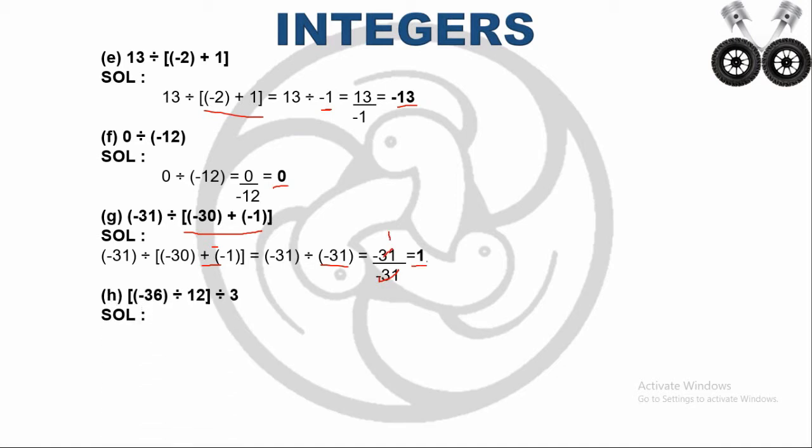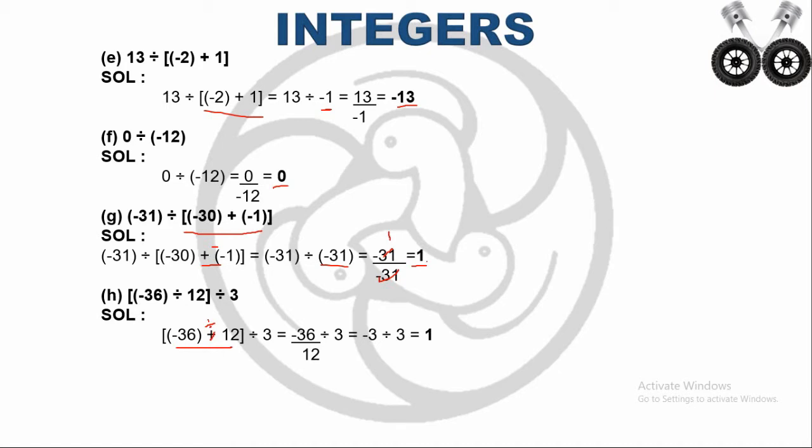The next one is minus 36 divided by the bracket of 12 divided by 3. The order of operation is that inside the bracket should be executed first. Sorry, it is not plus, it is divide. Inside the bracket we have 36 divided by 12.